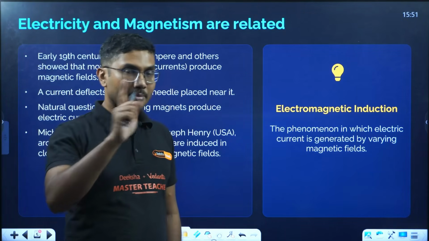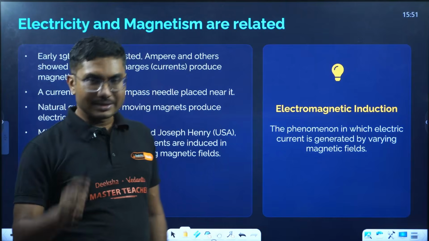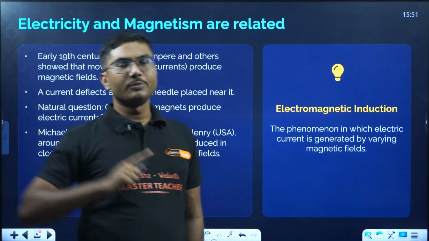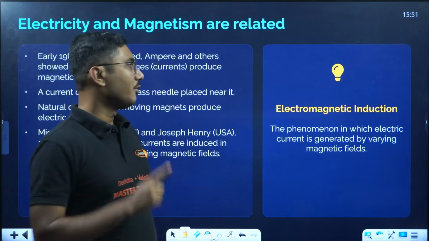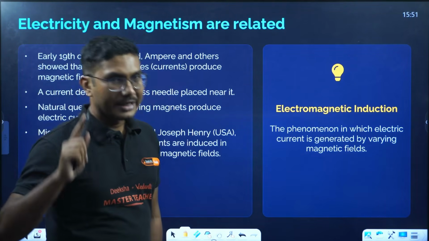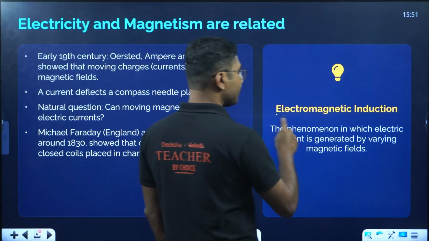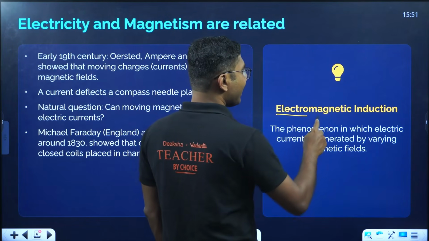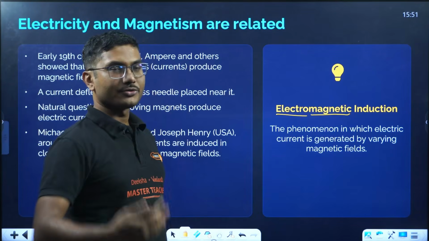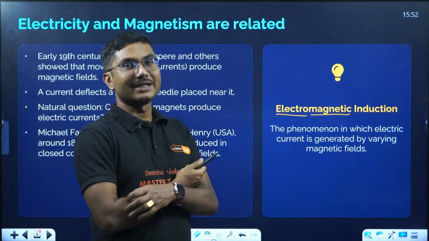Remember this term, closed loop, we have discussed it many times. If there is a closed loop, the current gets induced. So that phenomenon is called electromagnetic induction. Electro is basically the electron or current, magnetic means the motion of the magnet, and induction is the process through which we are inducing electric current.